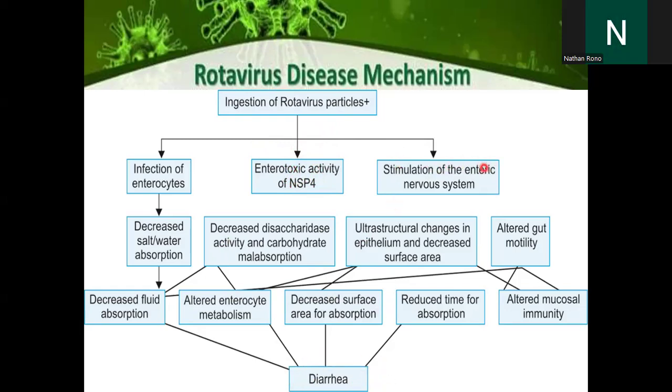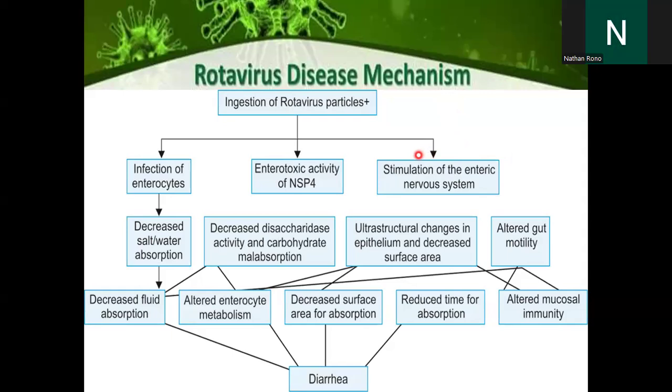Then stimulation of the enteric nervous system. I don't know if you've done it in physiology, but the enteric nervous system is a special type of system. I'm sure you're familiar with the peripheral nervous system and the central nervous system. Now there's the enteric nervous system, which is found in the GI tract. It lines the GI tract. Now what happens is there'll be stimulation of that.